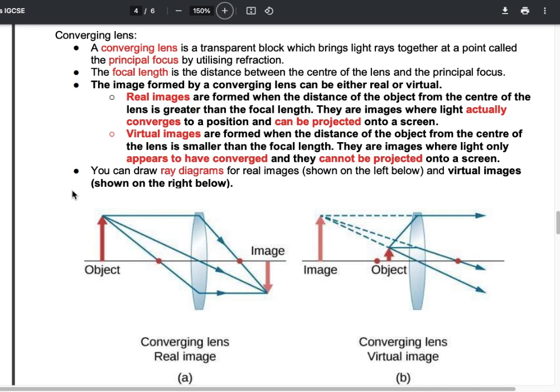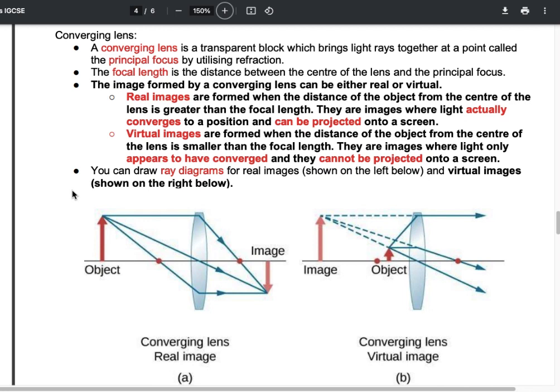We have two major types of lenses. But before we talk about types of lenses, a lens is just a piece of transparent glass that can be used either to diverge the rays coming from an object or to converge them. It depends on which of these it can do.